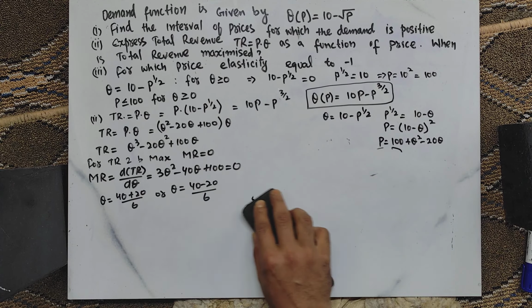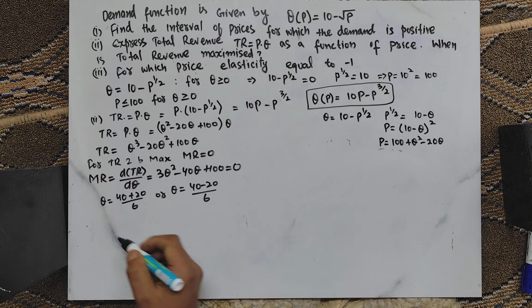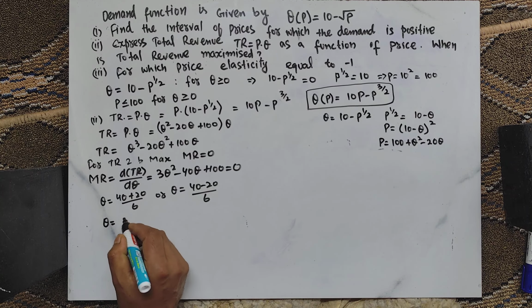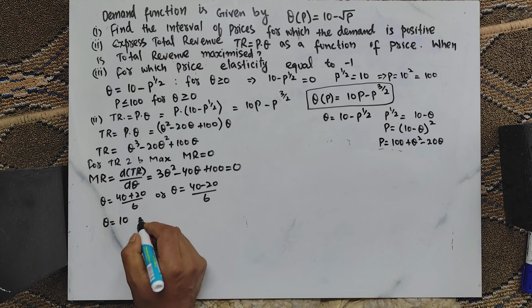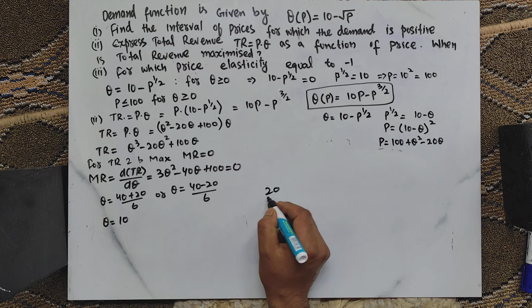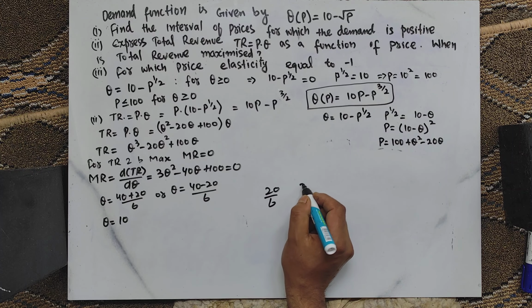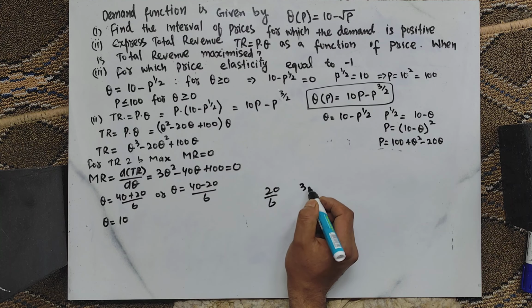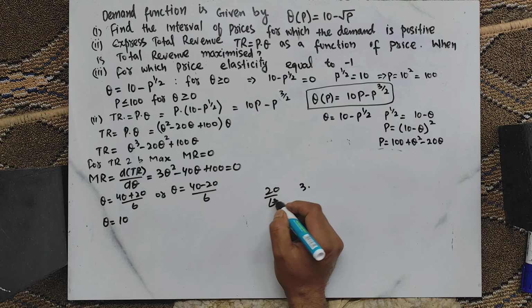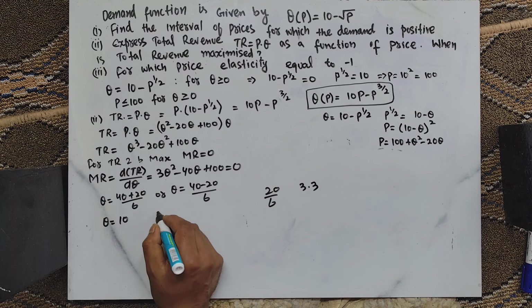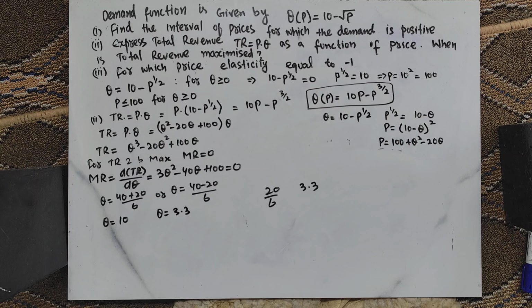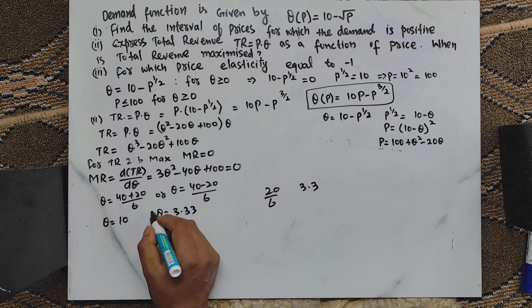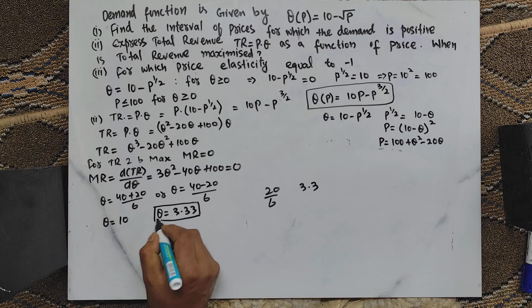Which implies Q will be equal to 40 plus 20 is 60 upon 6, which is 10, or Q will be equal to 40 minus 20 is 20 upon 6, so we get Q is equal to 3.33. So we got two values for Q.